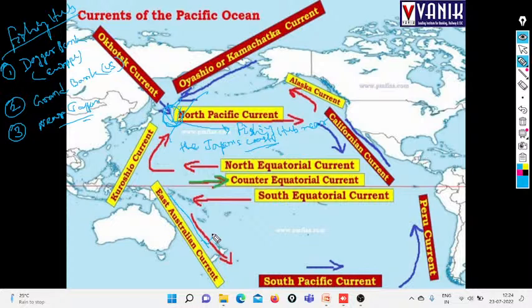Just see here: the East Australian current flows near the eastern coast of Australia.